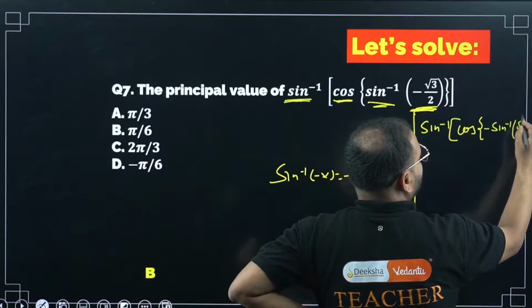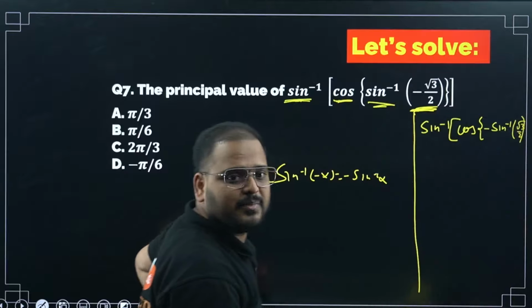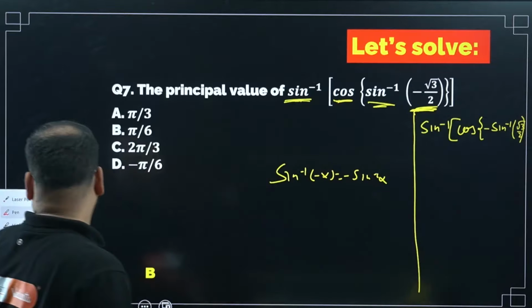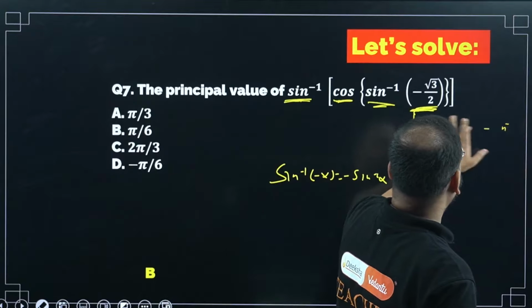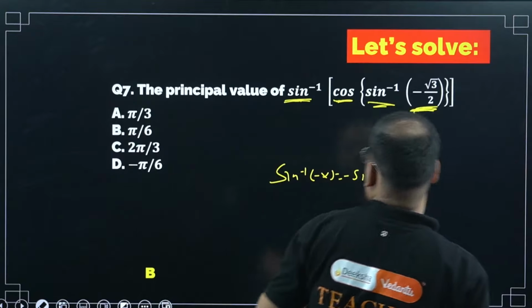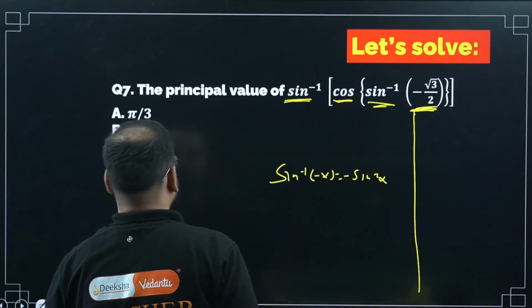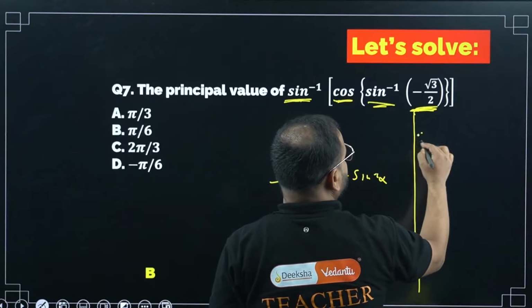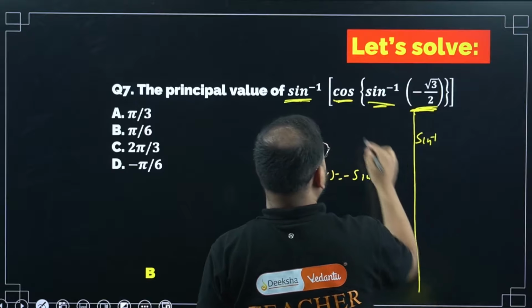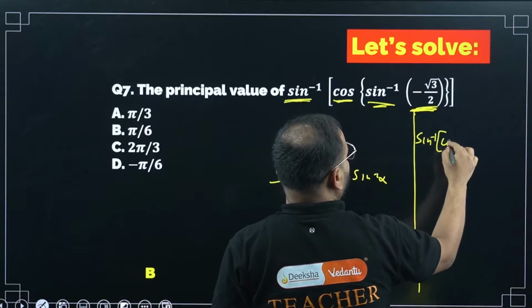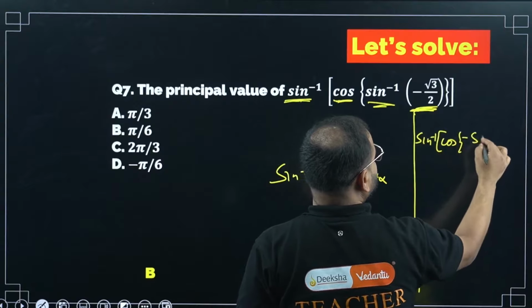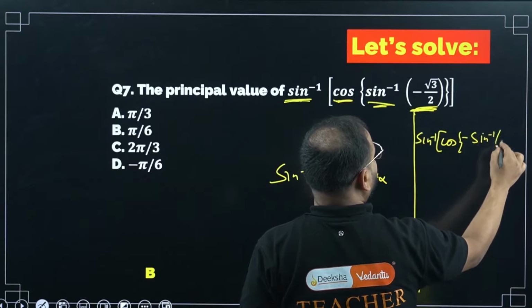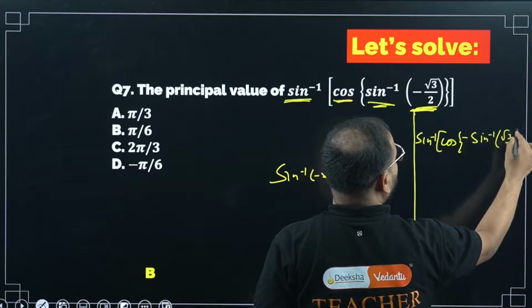I hope you can see this. Is it visible? Not that greatly visible. Let me erase and rewrite it. So first I will write sine inverse, then cos will be like this only. And then this part will become minus sine inverse of root 3 by 2.